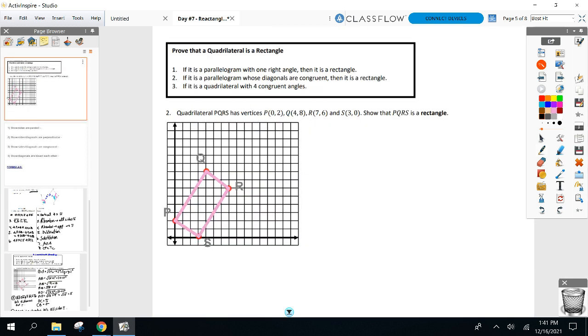Rhombus was easy. Unfortunately, we got a little bit more work to do. Go back to number 2 for a rectangle. We got to show a little bit more work for a rectangle.